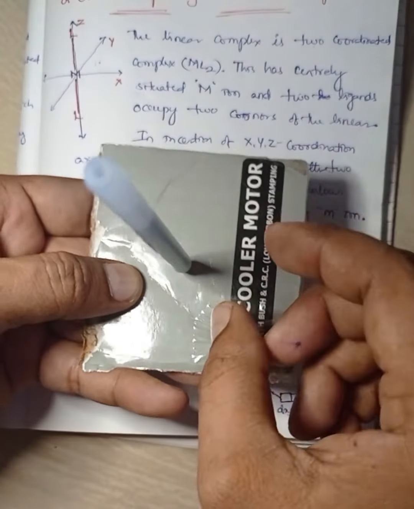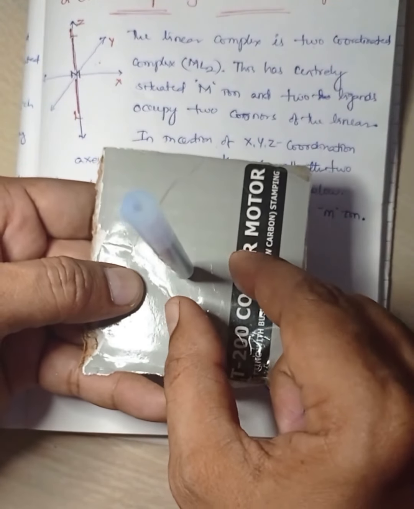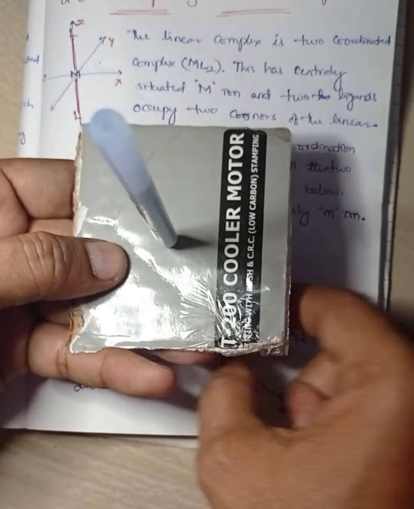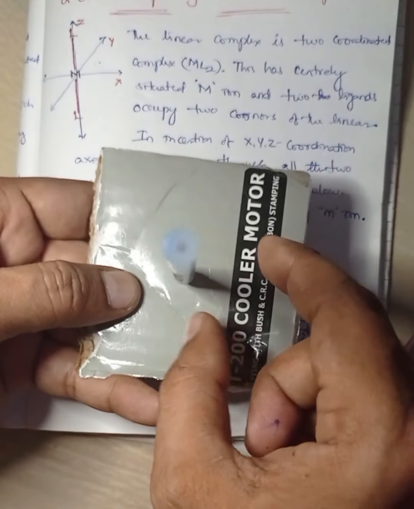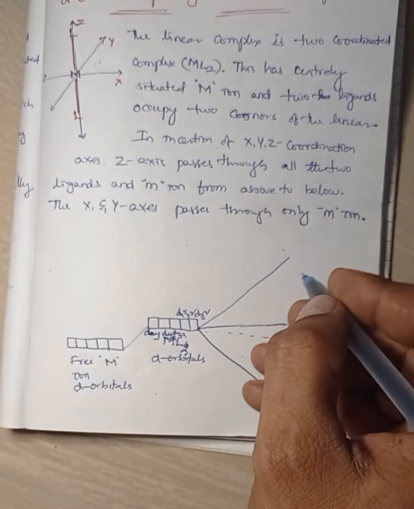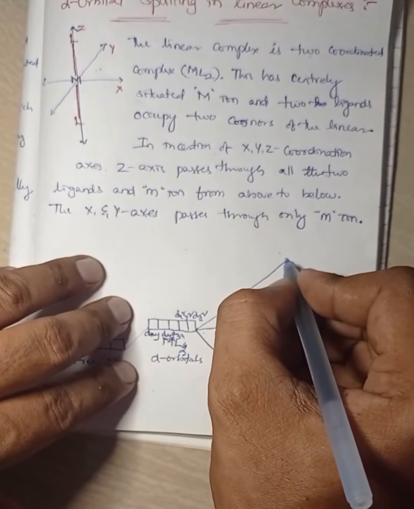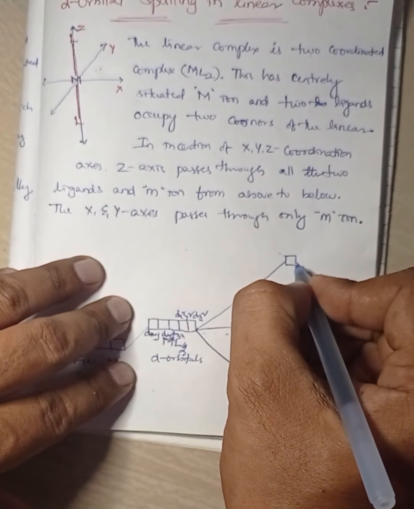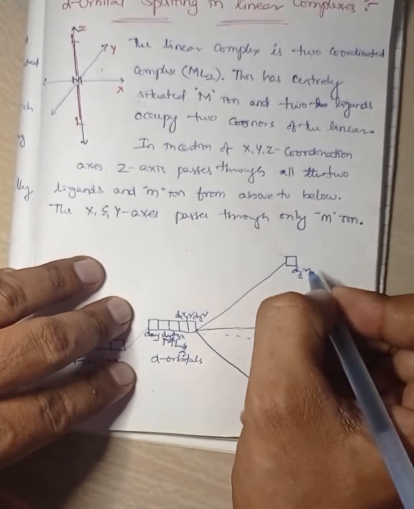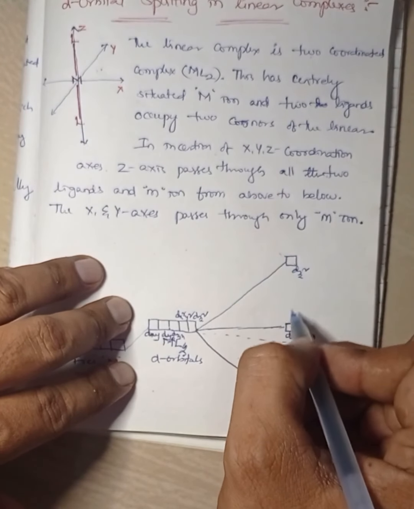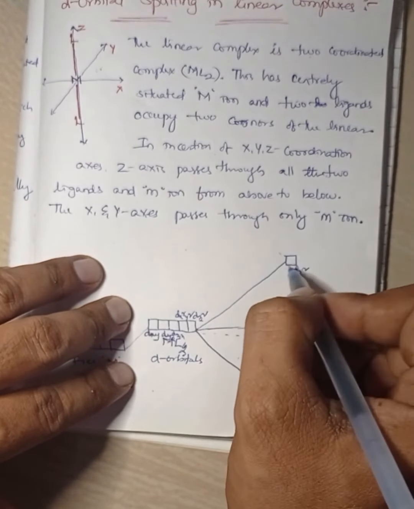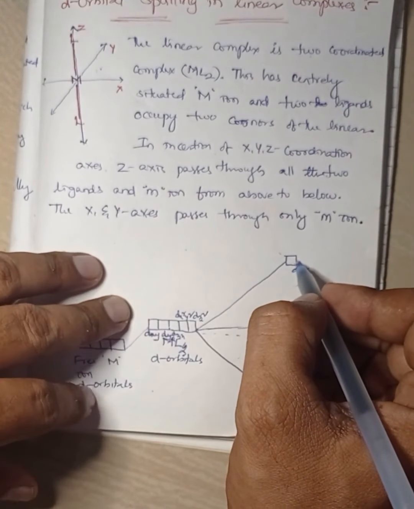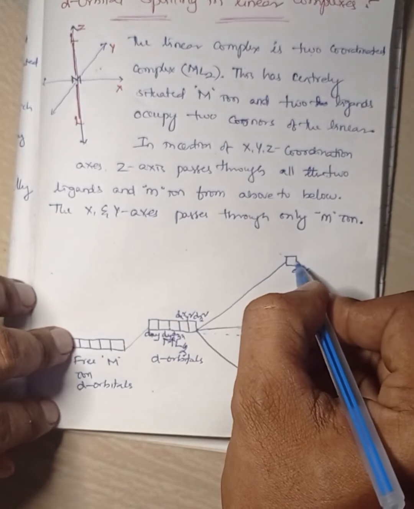This extreme interaction of the dz square orbital with the two ligand sites of the linear complex will destabilize the dz square orbital to an extreme level, exciting it to the highest energy level, far away from all the other orbitals, right?